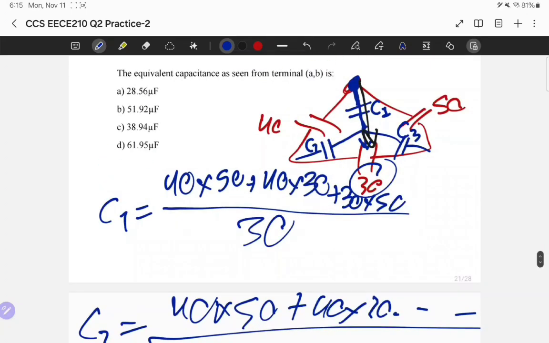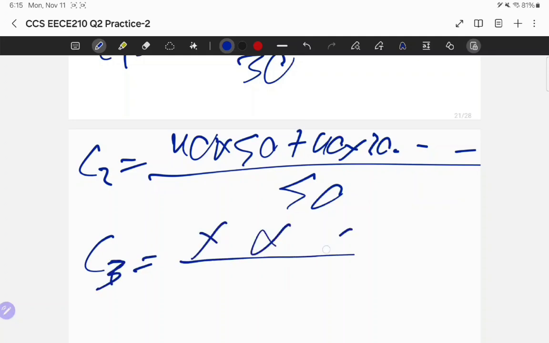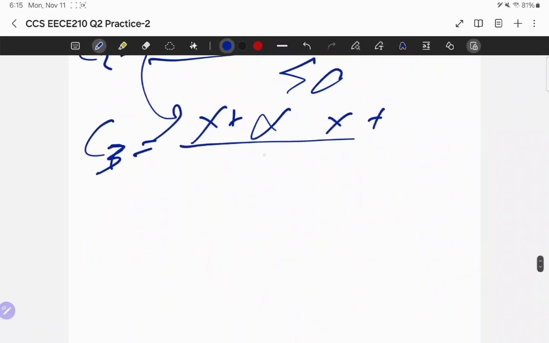Now, what do I see from C2? If I go like this, I see 50. And then finally, I have C3, which has the same numerator. If I'm at C3, what do I see? I move, and the first thing I see is 40, so 40.